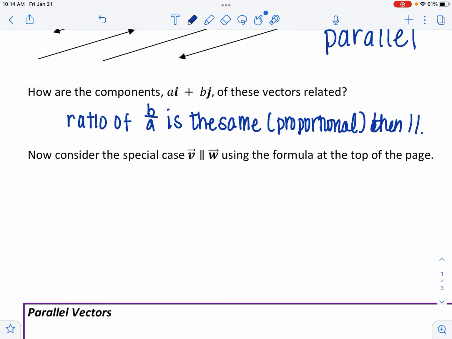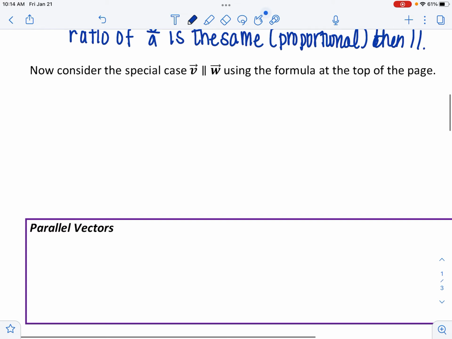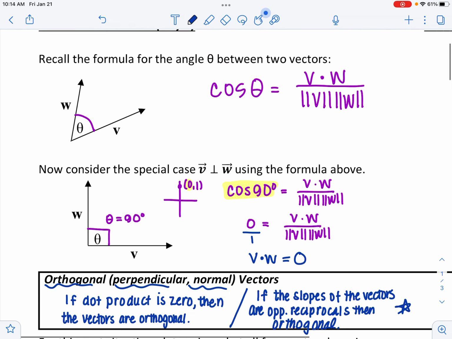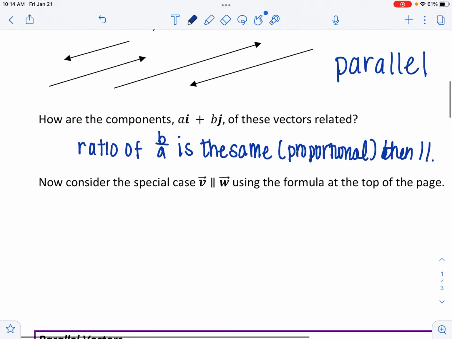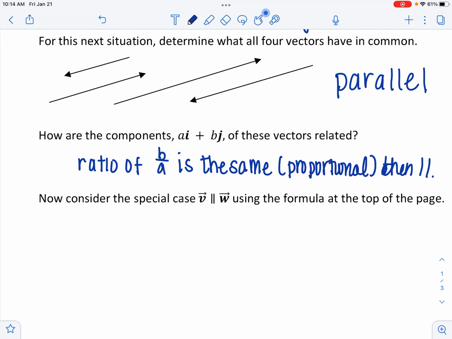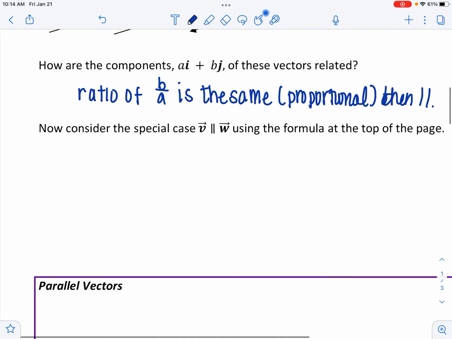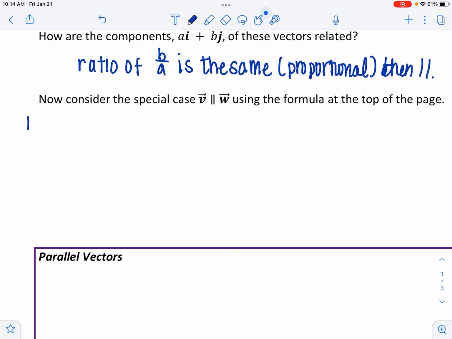So that's one way. Now let's consider the special case where the vectors are parallel using the formula at the top of the page. How could we tell if the vectors are parallel? Like we knew that if these are perpendicular, the angle was 90 degrees. If the vectors are parallel, the angle in between them is either 0 degrees or 180 degrees. Let's write that down.